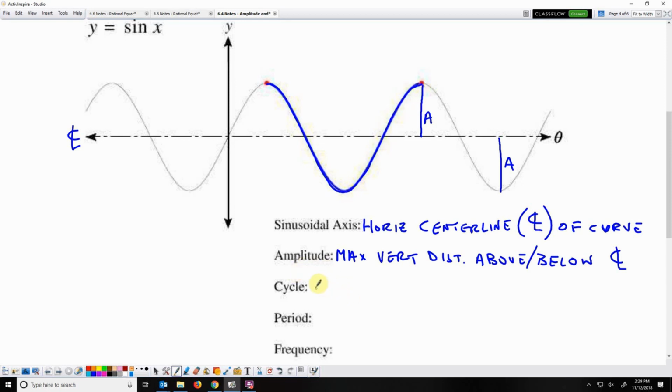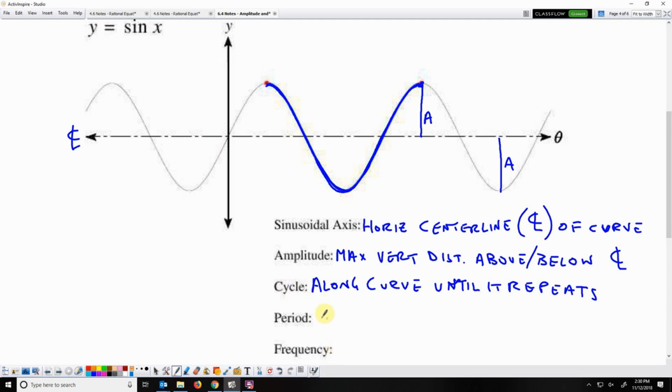It's along the curve until it repeats. So if I start here, go down and back, now it's going to repeat. So that is one cycle. No matter where I start, one cycle is until it repeats. So if I started here, go down and up and back, and that's one cycle.